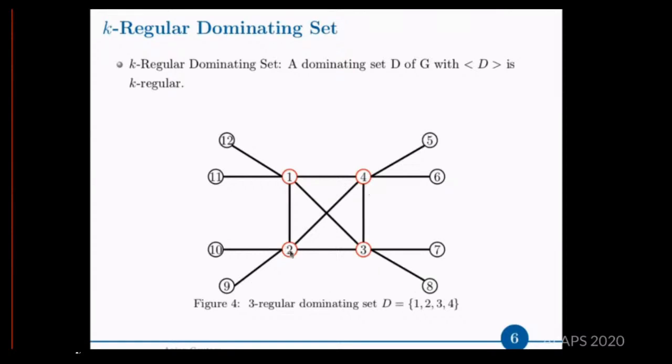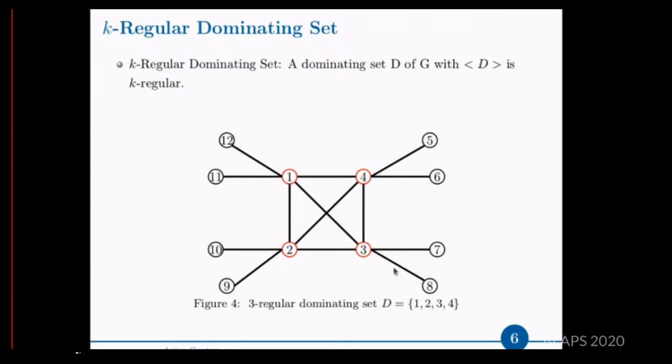The minimal dominating set is going to be {1, 2, 3, 4} only. Otherwise, there could be other dominating sets such as {1, 2, 3, 5, 6}, but that would increase the domination number, so the minimality would be lost. So the minimum dominating set is only {1, 2, 3, 4}.